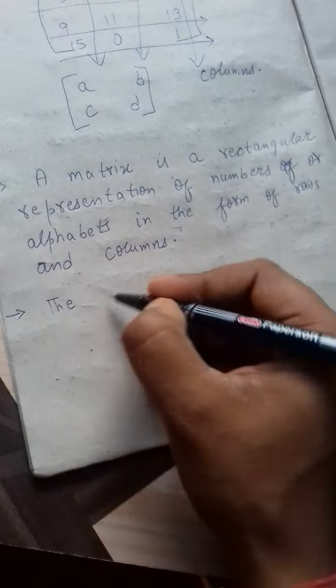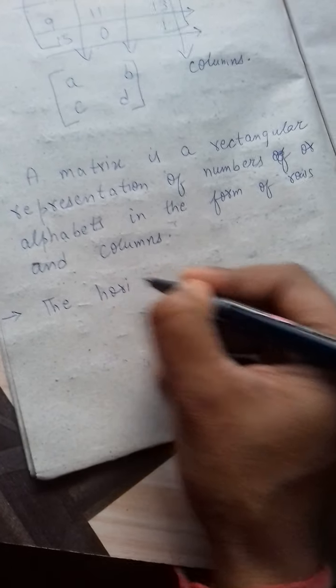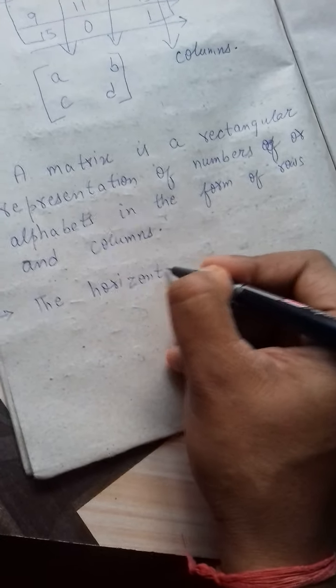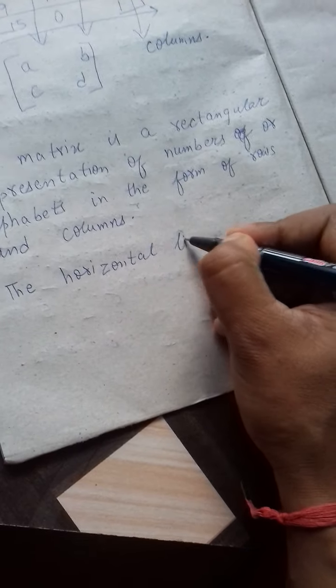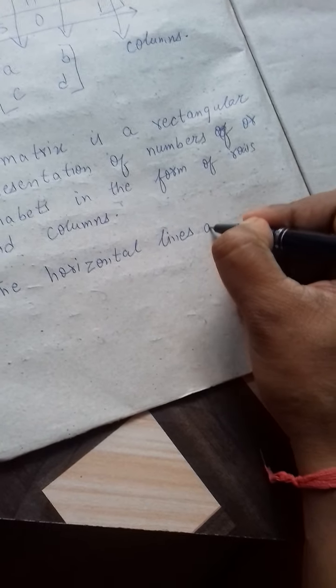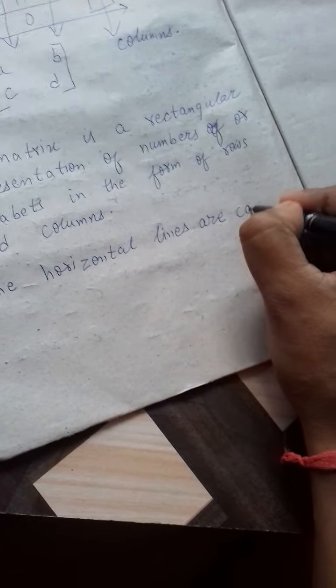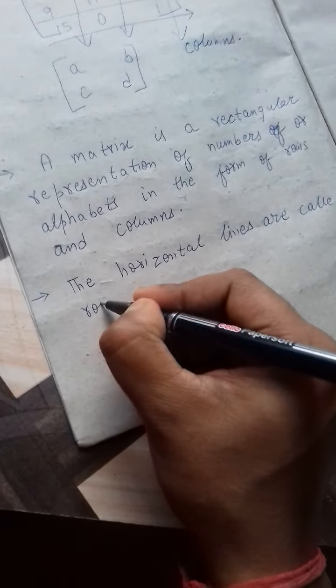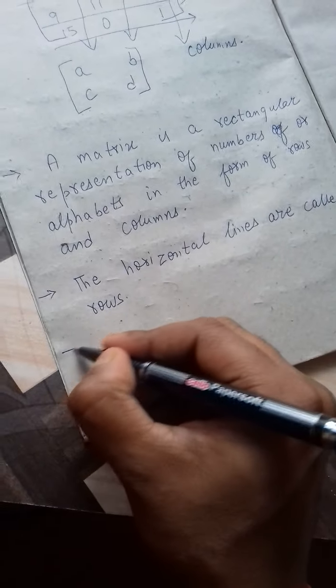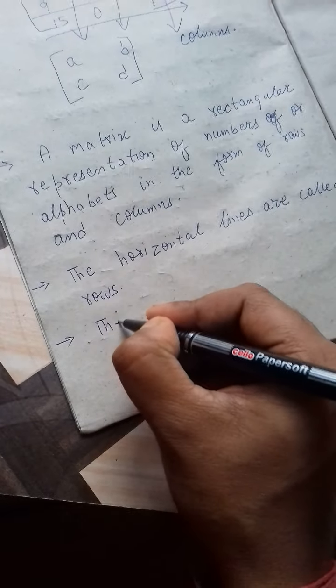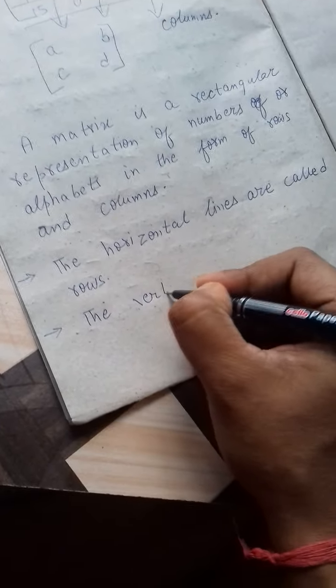Here the horizontal lines are called rows, and the vertical lines are called columns.